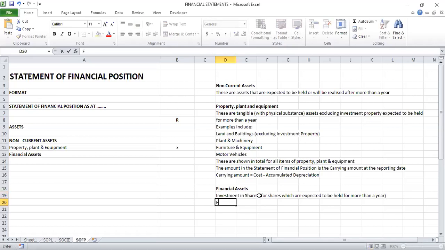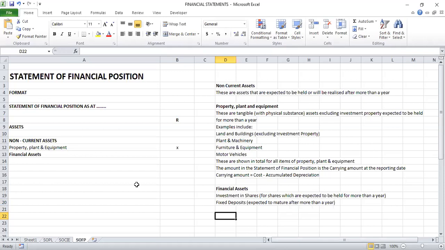Then we've got fixed deposits, which are expected to mature after more than a year. So as long as we expect to liquidate them after a year, they will be non-current assets.